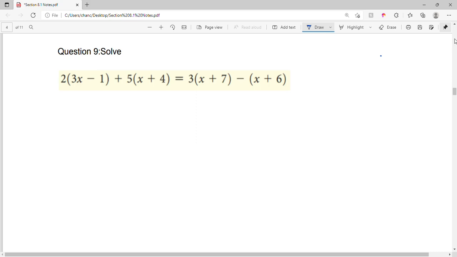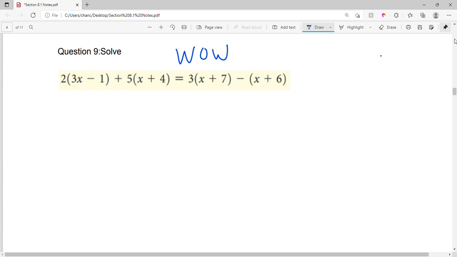Question 9. Solve 2 times the quantity 3x minus 1 plus 5 times the quantity x plus 4 equals 3 times the quantity x plus 7 minus the quantity x plus 6. Wow, this looks like an amazing problem, a very exciting problem.